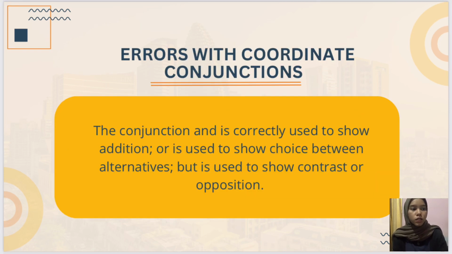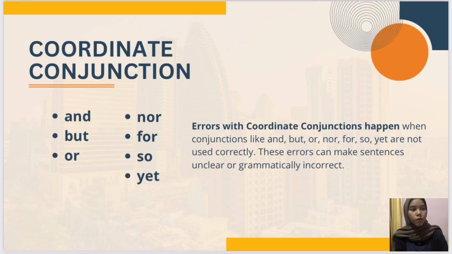So the conjunction and is used to show addition, right? And the conjunction or is used to show choice between alternatives, and but is used to show contrast or opposition.